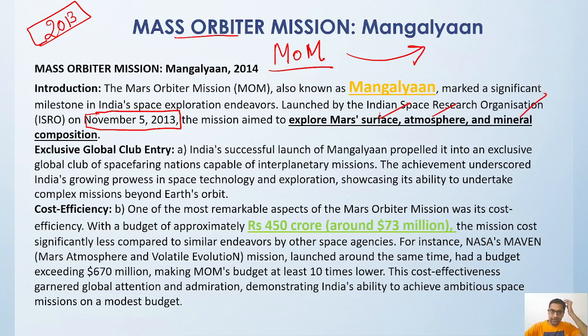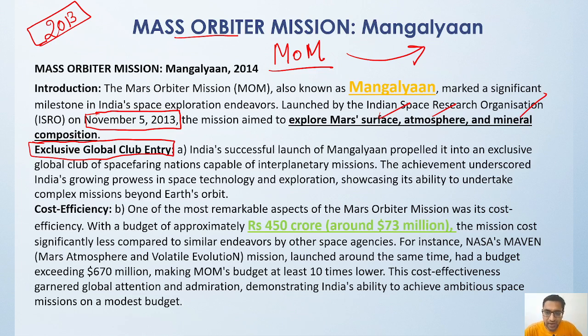With the success of this mission, India has entered an exclusive global club where only a few elite countries are there, like Russia, Japan, France and the European Union. Our Mangalyaan Mars Orbiter Mission was sent to show India's space technologies and to show the world India's ability to take on complex missions.